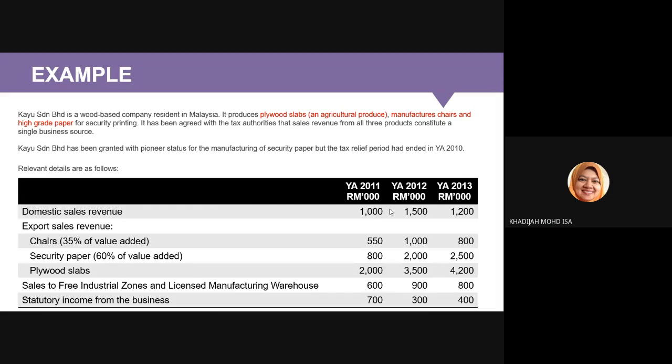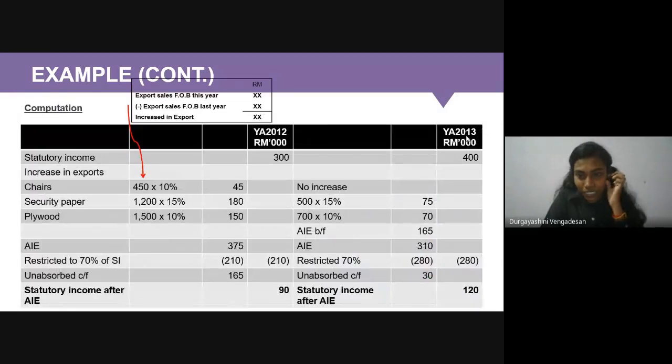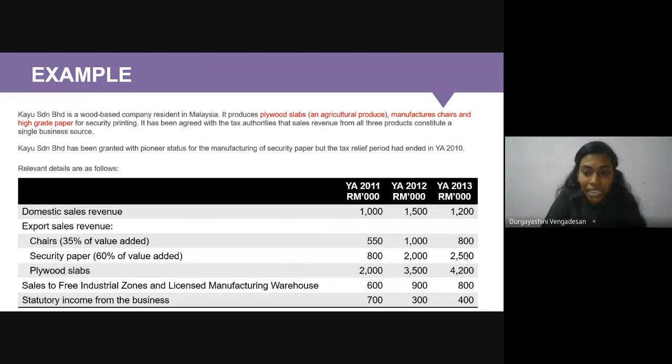It's okay, let's go next. For the year 2013, the statutory income is 400. For the increase in export of chairs, there would be no increase as the doctor mentioned just now: 800 minus 1,000, so there will be a nil amount.